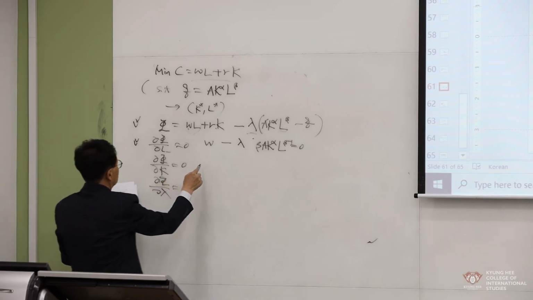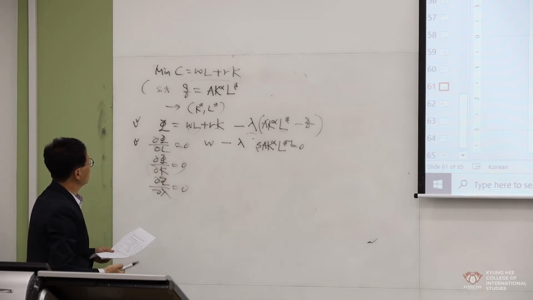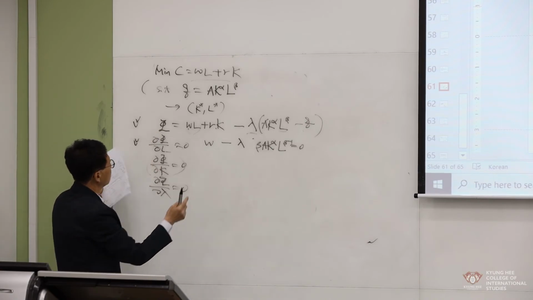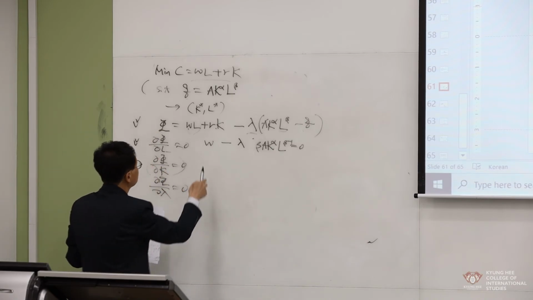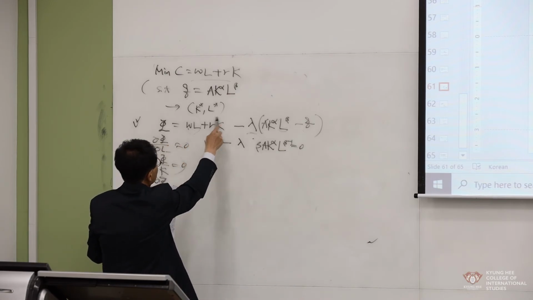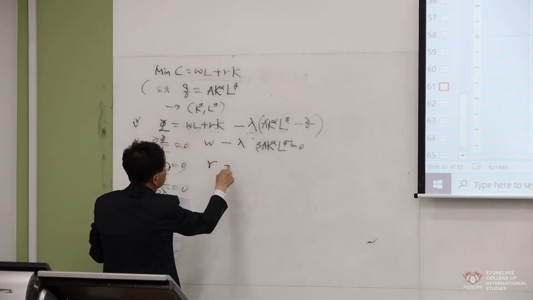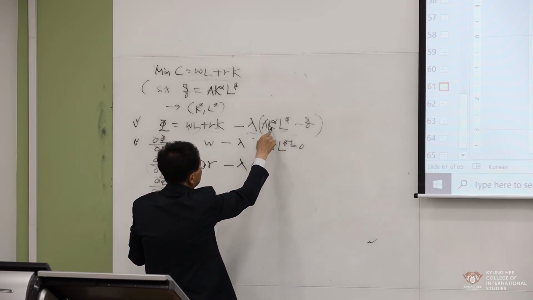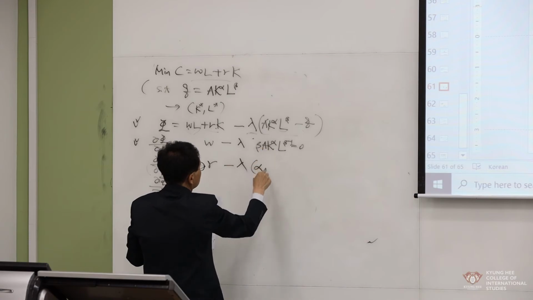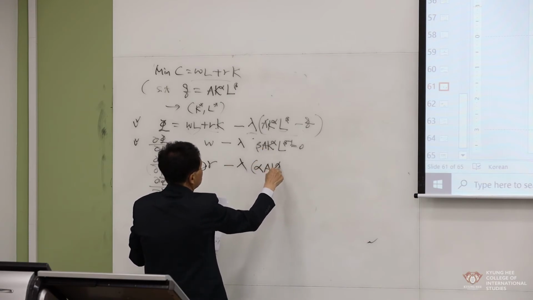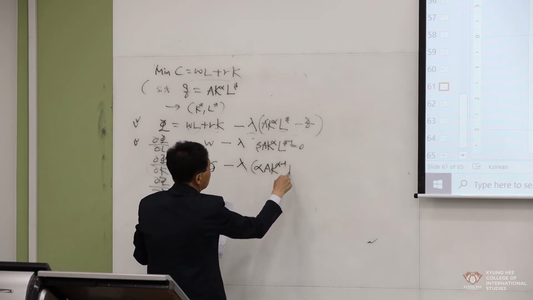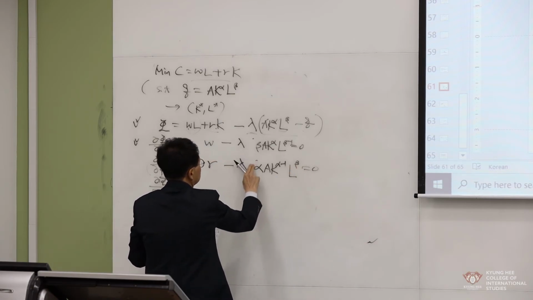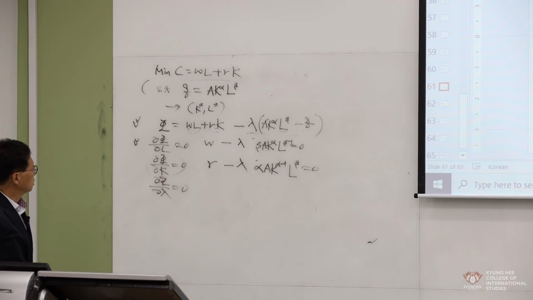And next, this one. The partial derivative of the Lagrangian function with respect to capital K. Then only capital is considered as variable. Then this one disappeared. Only R is left. Minus lambda. What is this? Alpha in front of here: A K alpha minus 1 L beta should be equal to 0. This one disappeared. Okay?